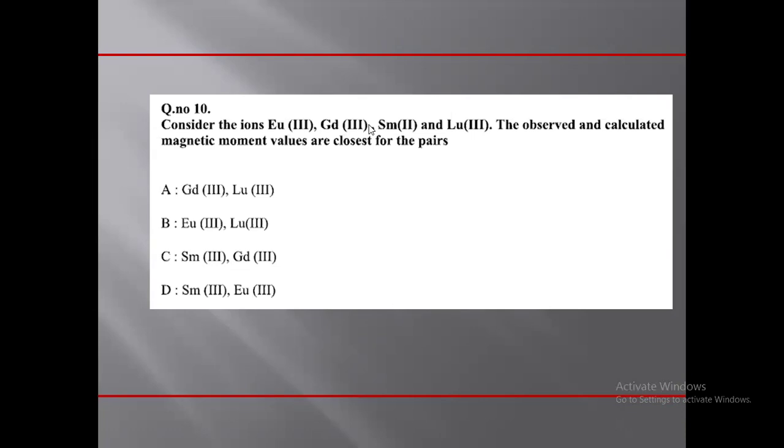Here we have to calculate the magnetic moment using the formula mu equals square root of n times n plus 2, where n is the number of unpaired electrons. But gadolinium and lutetium have very close observed and calculated magnetic moments. You can see gadolinium is 7.9 and lutetium is 7.8. So option A is correct.